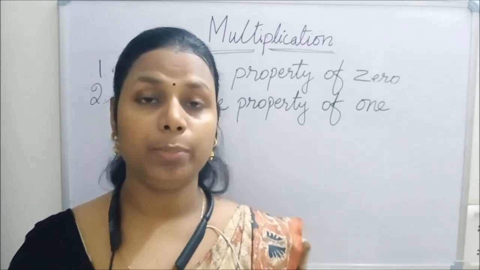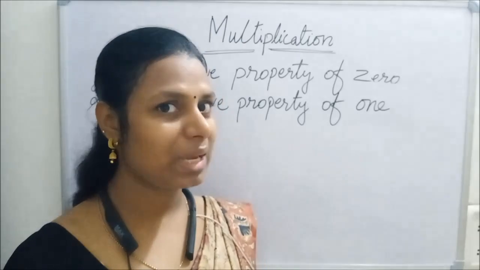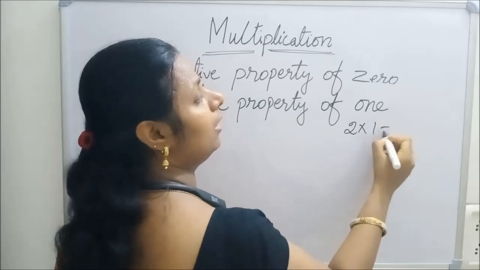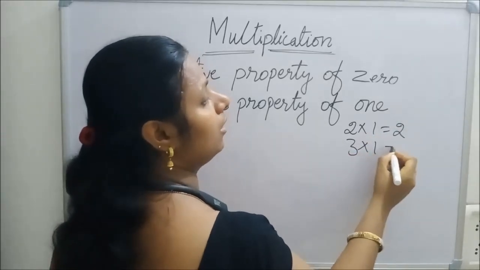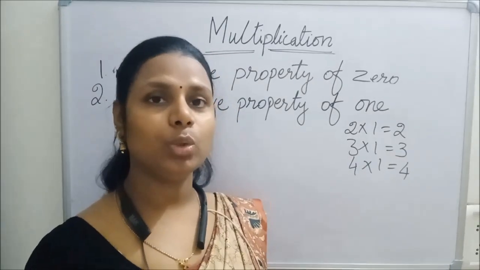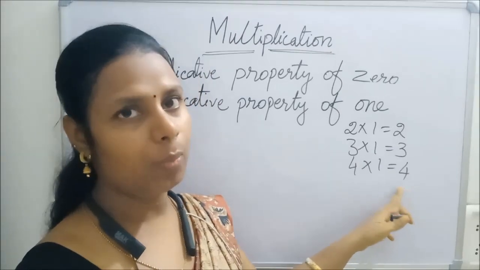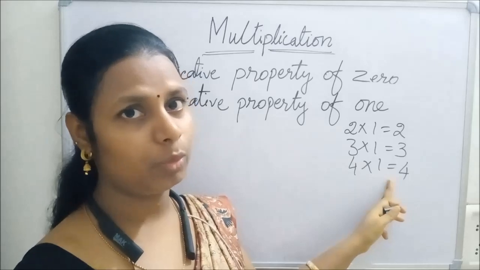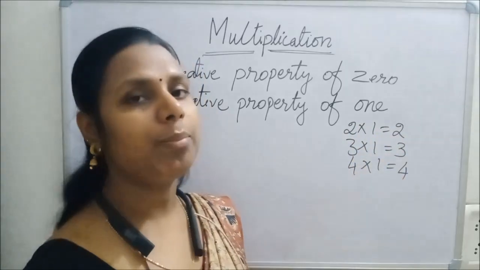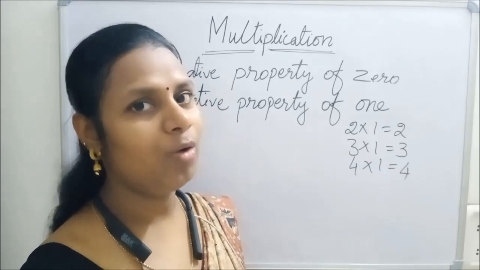So, whenever we multiply any number by 1, you get the product the same number, isn't it? 2 ones are 2, 3 ones are 3, 4 ones are 4, 5 ones are 5, isn't it? Whenever you multiply by 1, the multiplicand will be the product. Both will be the same number. Whenever you multiply by 1, you get the same number as answer. Okay, this is the multiplicative property of 1.